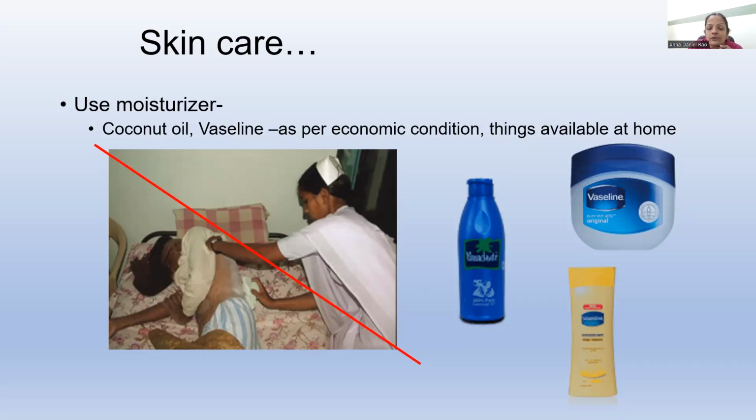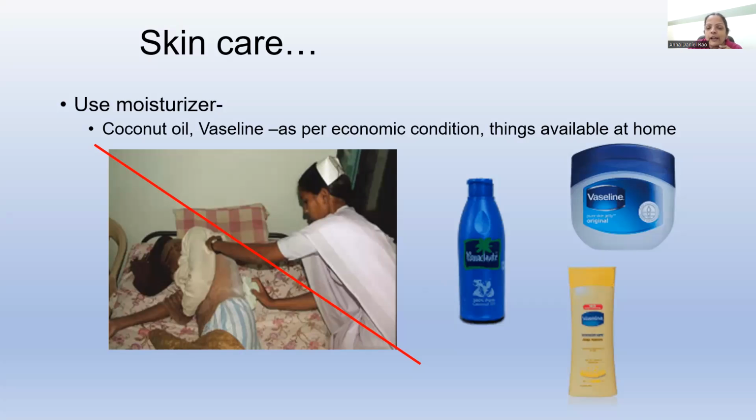So that should be seen. And at home, it is advised that moisturizers which are very easily available should be used, like coconut oil, or any edible oil can be applied. So as per the patient's condition, it should be seen that these are advised.